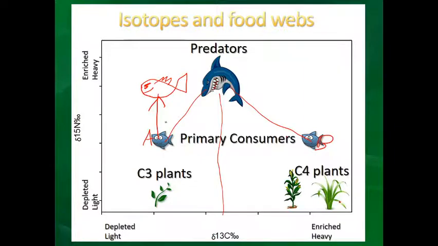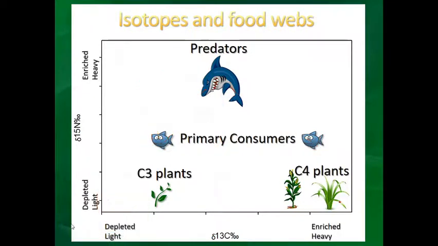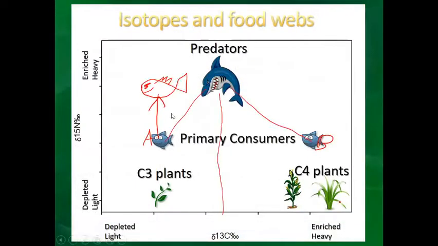Okay, so what we have here then is actually a food web. We don't necessarily think of this as a food web, but that's what it does. Sorry, I'm trying to erase those things.